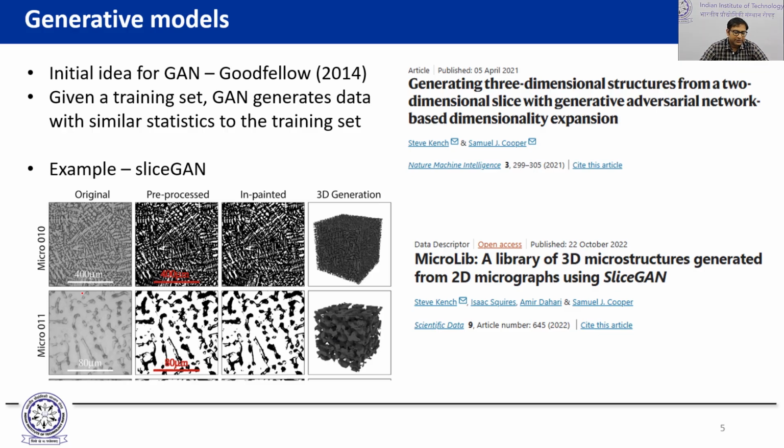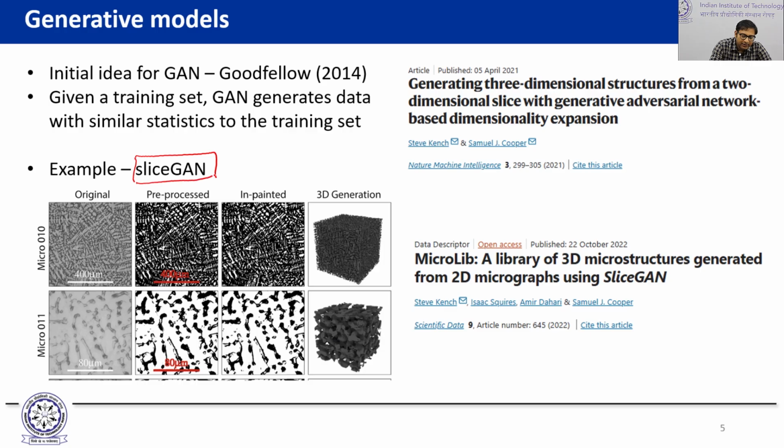Here the idea is, if you're given a training set, the adversarial network is going to generate data where the statistics of the data is similar to what you had in your original data set. There are a number of well-trained such models, and one which I wanted to highlight is called SliceGAN.